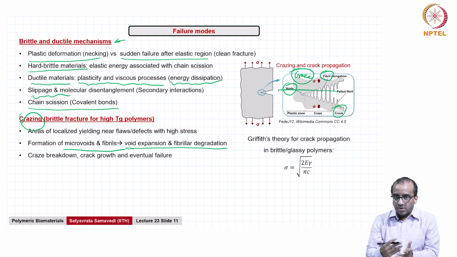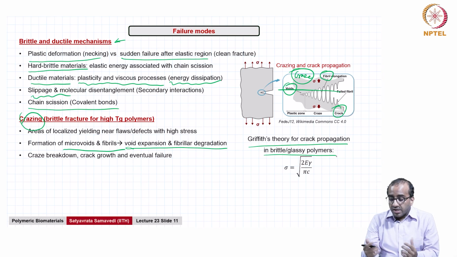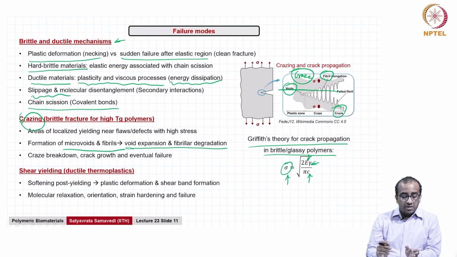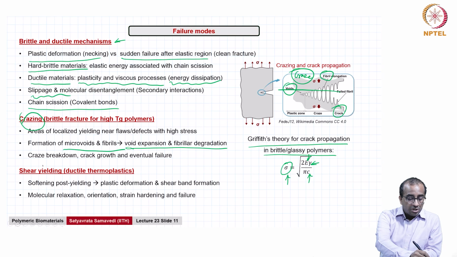Here one relevant thing you can think about is Griffith's theory for crack propagation in brittle or glassy polymers, which is simply the critical stress required for a crack to propagate. Now, contrast that with mechanisms that exist in ductile thermoplastics, where you see shear yielding.